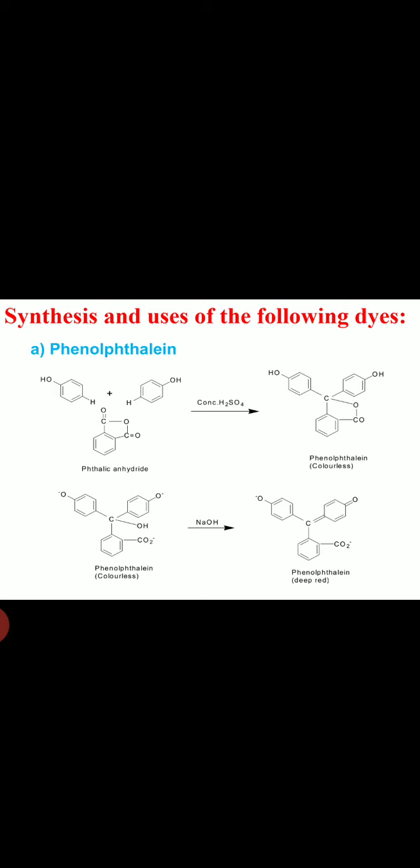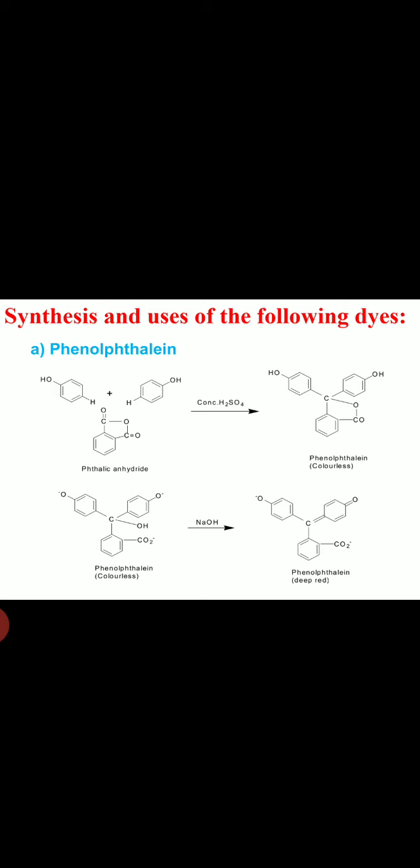Phenolphthalein is a phthalate group of dye and it is used as an indicator. It is prepared by heating phthalic anhydride with two molecules of phenol in presence of concentrated sulfuric acid. It is a crystalline white solid, insoluble in water but soluble in alkalis to form deep red solution.